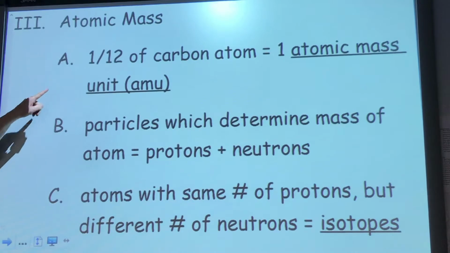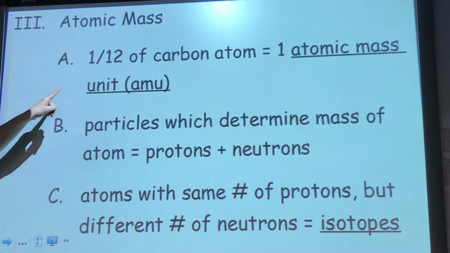We base our measurements of the mass of atoms on the carbon atom. Carbon is a very important atom to us here on Earth, to life on Earth. All living things contain carbon, and so we use carbon as the basis for measurement of atoms' masses.